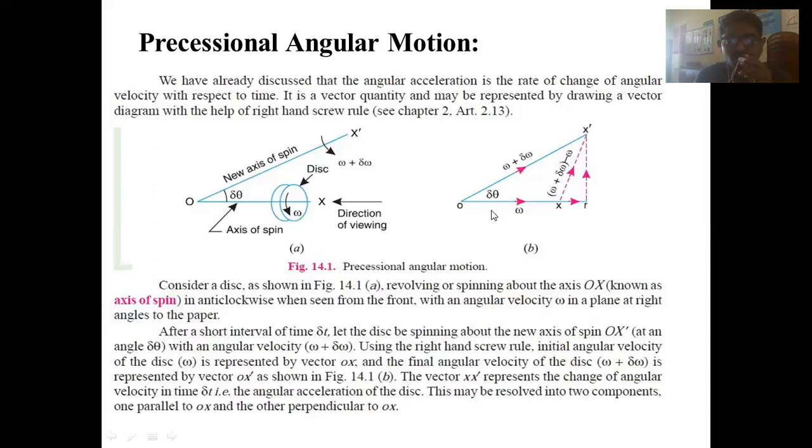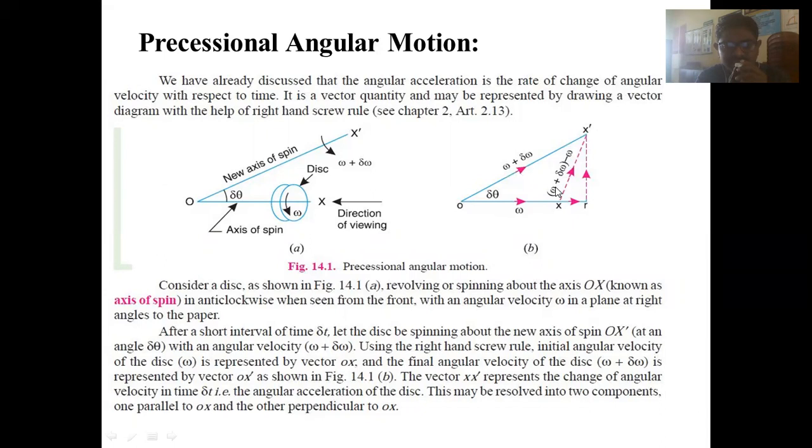Now the vector OX is like this, and its angular velocity is omega. After a short interval of time delta t, over an angle delta theta, the axis of spin has changed its direction from OX to OX dash, that is, omega plus delta omega angular velocity. This is the angular vector diagram, and XX dash is the resultant.